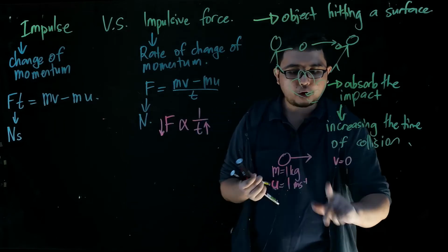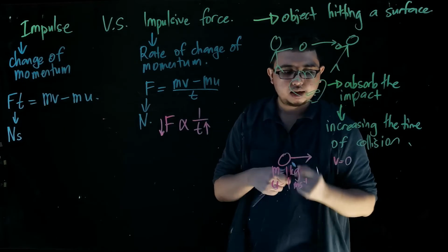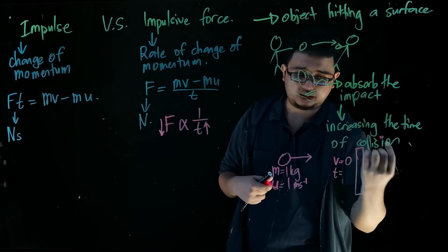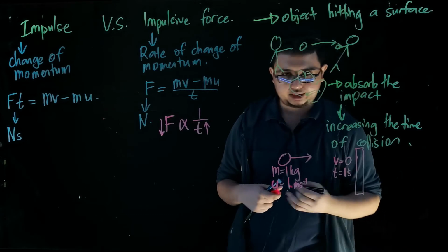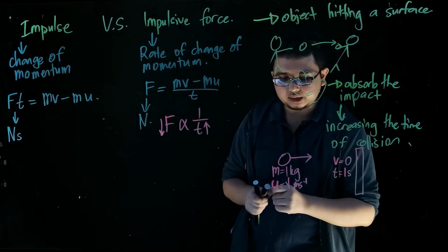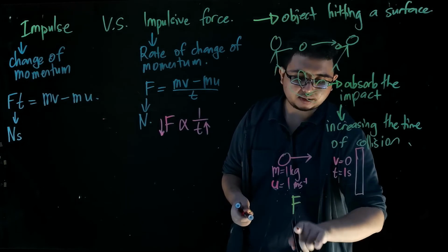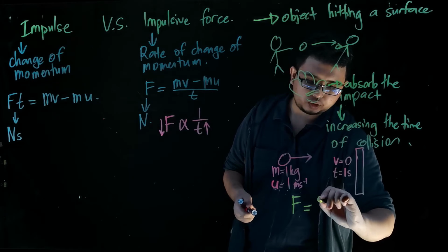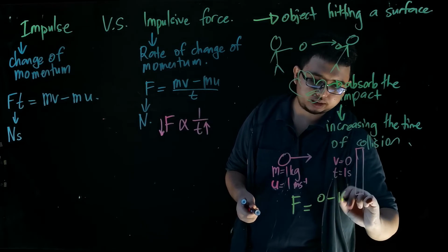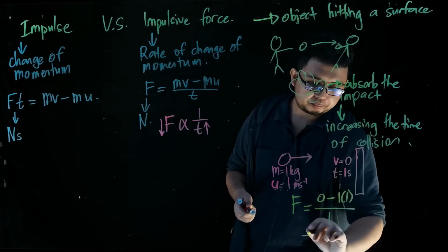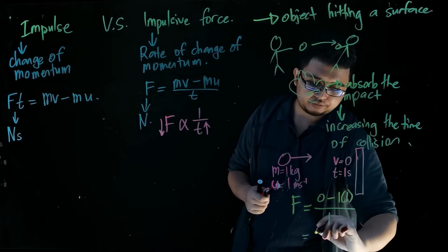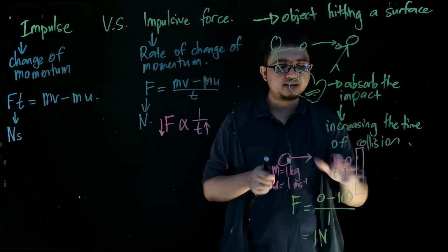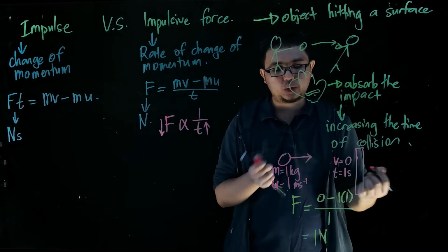Now, the time of impact between the ball and whatever it is going to hit, or whatever is catching it, is only 1 second. Your impulsive force will be 0 minus 1 times 1 over 1. Just a rough number, you're going to have 1 Newton force. But what if this wall is replaced with cardboard?